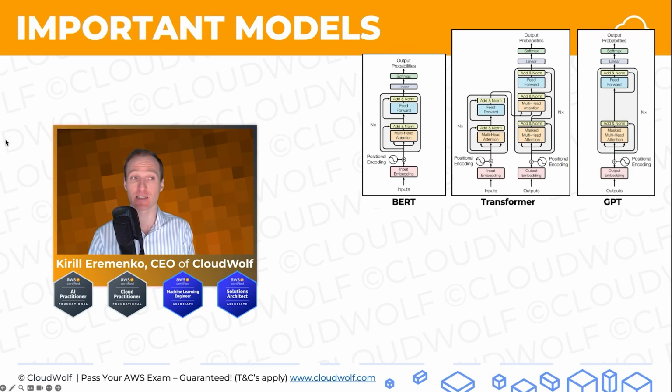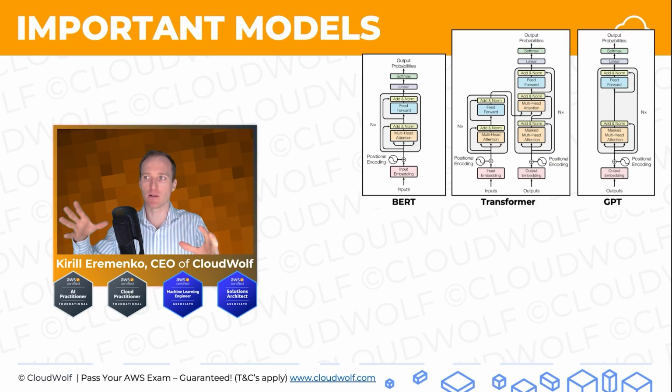What it can do, and this is something you do need to know for the exam, is that BERT models are able to classify sentences and paragraphs and provide sentiment analysis. So basically, you give BERT a sentence or paragraph, and it will be able to say, this sentence or paragraph is positive, this one is negative. So it's able to take that input and provide a classification or sentiment analysis. That you do need to know for the exam.